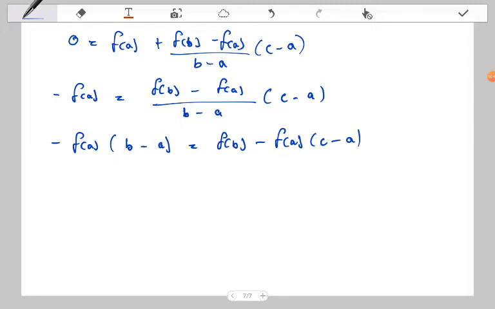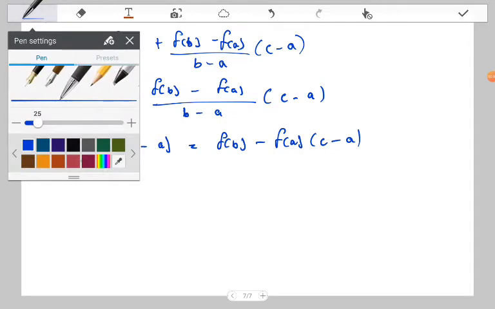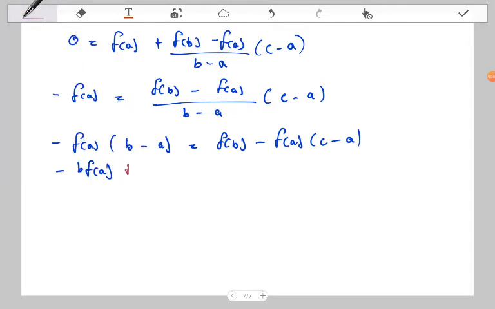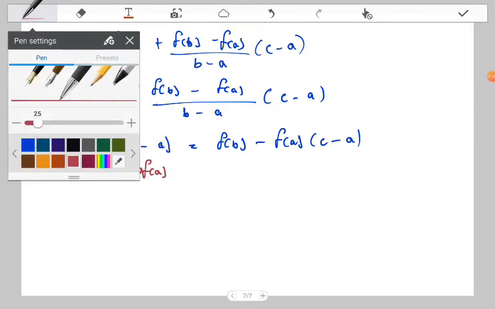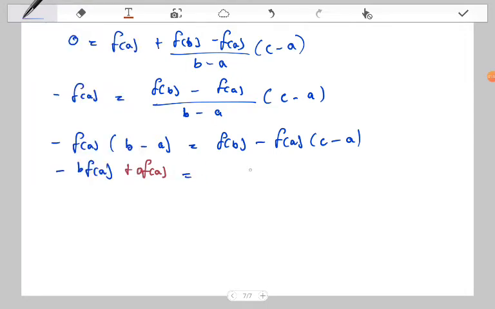When you multiply this thing out, this is going to be minus b f of a, plus a times f of a, which is equal to, it's going to be the same as this one here.